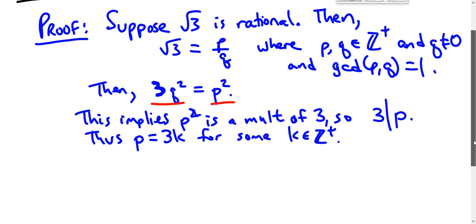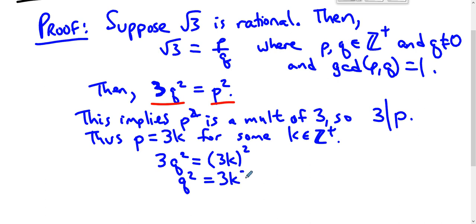And then we substitute. 3q squared is 3k quantity squared, and that means that q squared is 3k squared. And then we run into the same trouble on the other side. These are 2 numbers that are equal. There's a 3 in the prime factorization of this number, which means there's a 3 in the prime factorization of this number.